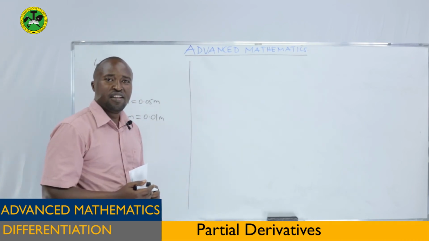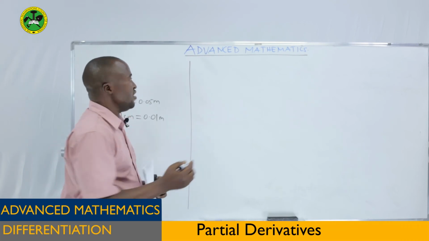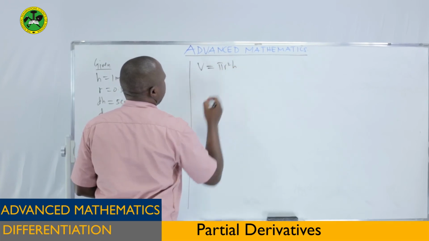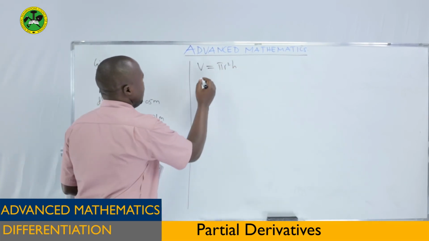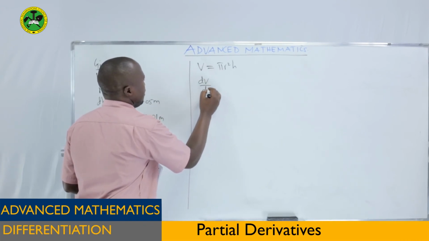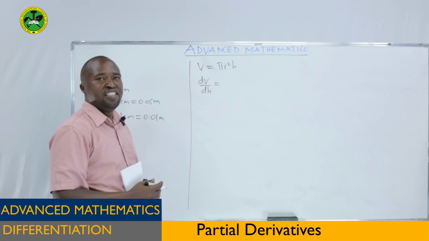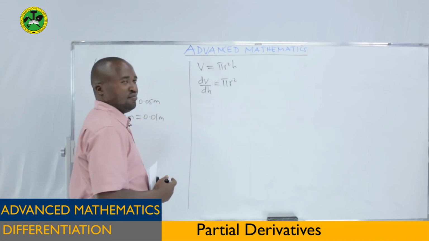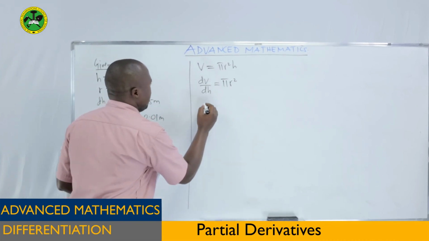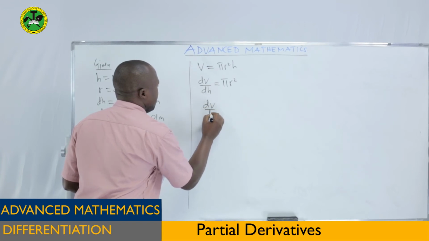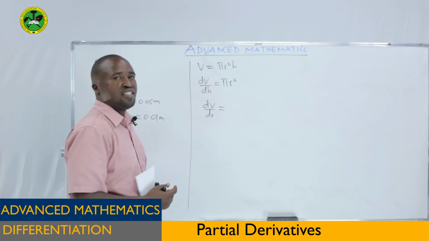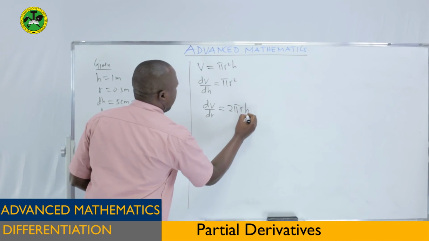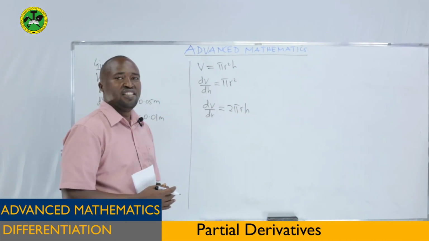And dear student, remember the formula for finding volume of a cylinder. That is, V is given by pi r squared h. Now, let us find dV dh. So in this case, dV dh will be equal to pi r squared. And again, you can find dV dr. Now in this case, dV dr is equal to 2 pi rh.